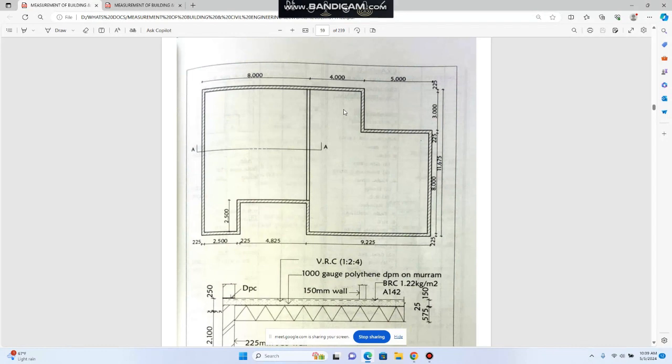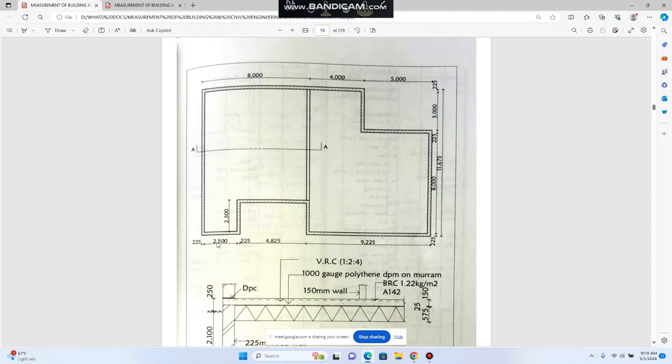Otherwise, it could take some time before I realize that I am muted. So from here, the internal part of this wall and the external part of this wall, from here up to here is 4,000 millimeters. From here up to the external of this wall is 5,000. So the total dimension from outside here up to here, assuming it was a straight line, is 8,000 plus 4,000 plus 5,000.